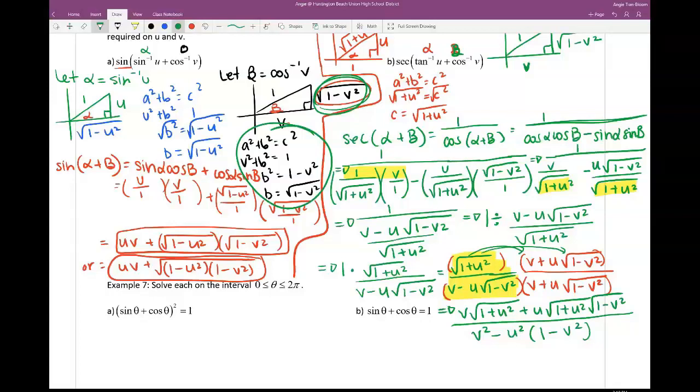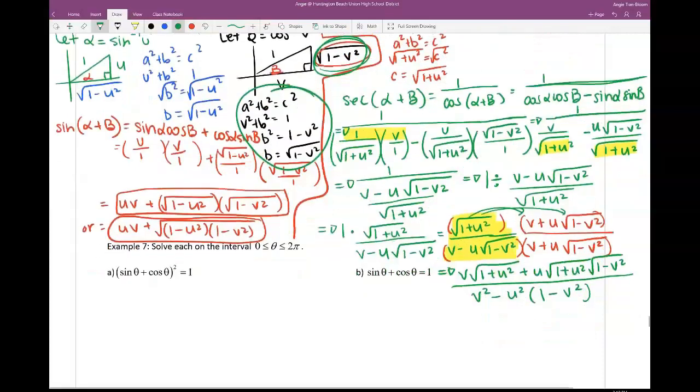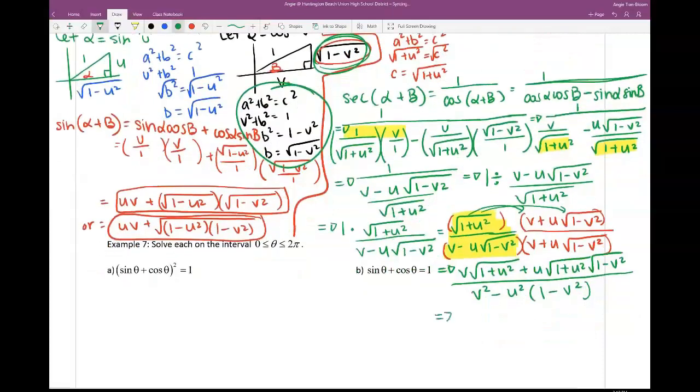Now we're just going to see if we can do anything to simplify, right? So let's check. This is v times the square root of 1 plus u squared on the top plus, technically, you can keep these two as their own radicals, or you can multiply and put it under one common radical like this.